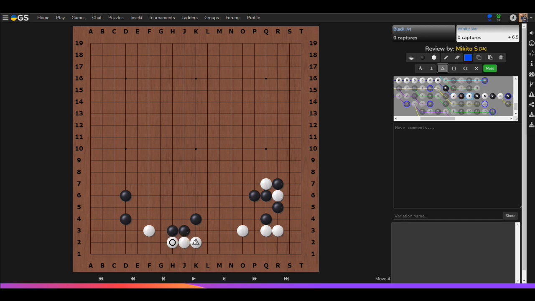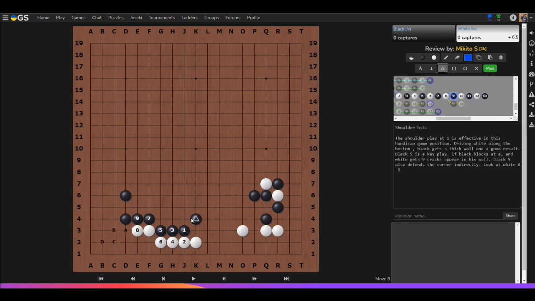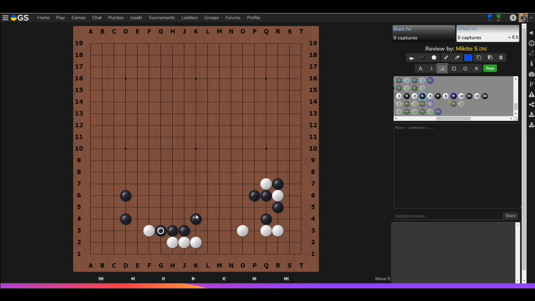The reason will be in the script, but you can see that black's getting a nice outside wall and connecting his groups. So this is clearly a nice result for black as well as white. And so just remember the slide happened, and then we used the diagonal this time instead of the thrust.